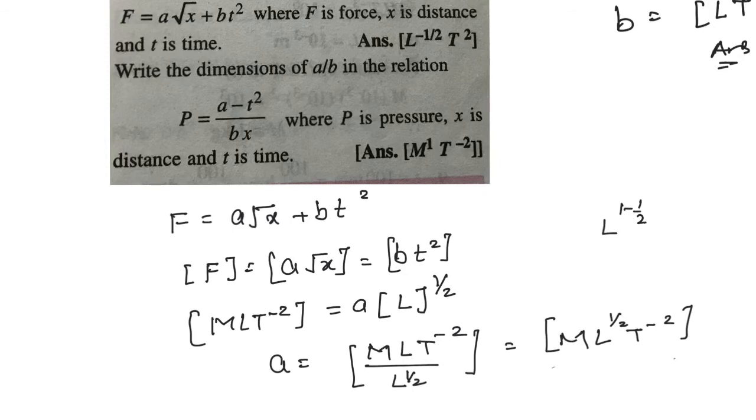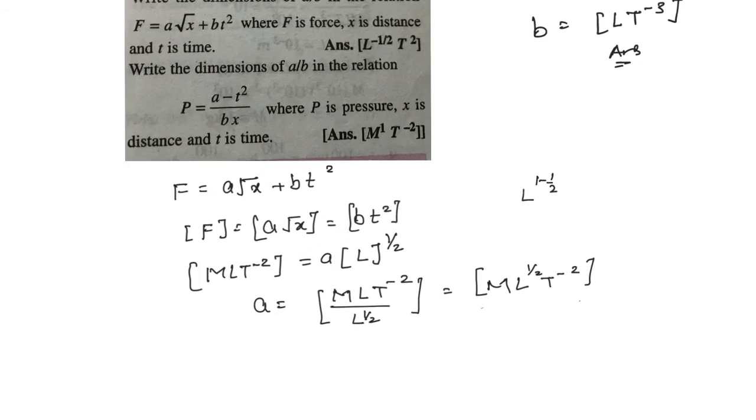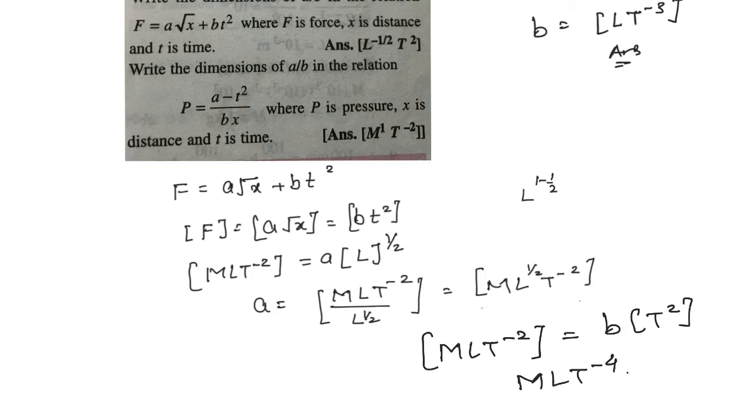Next one is what we have to find, b. So we can write the same thing: M L T minus 2 equals b times T square. So it will be M L T minus 4 equals b. Aman is there? Aman, are you getting it?